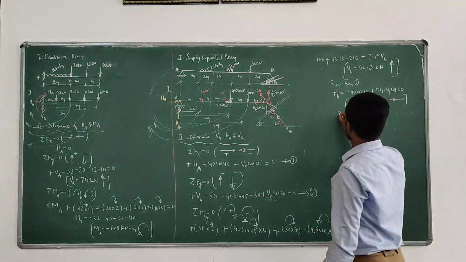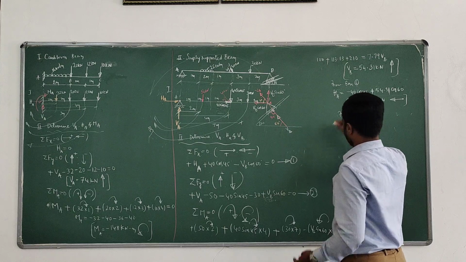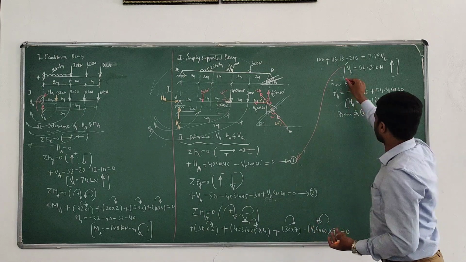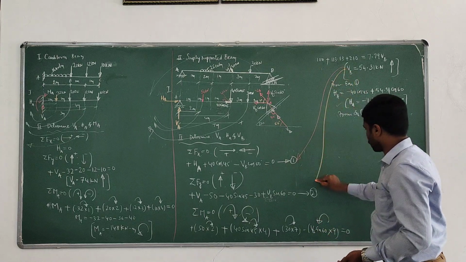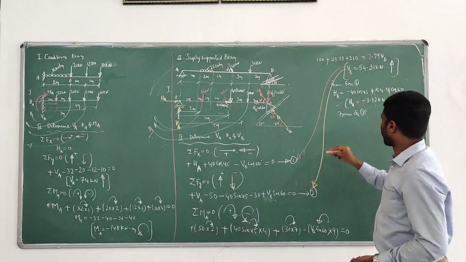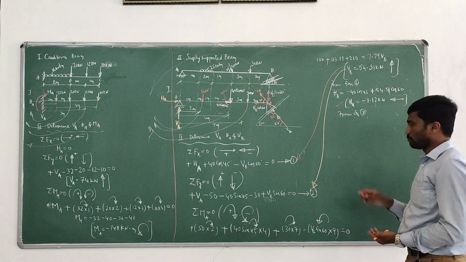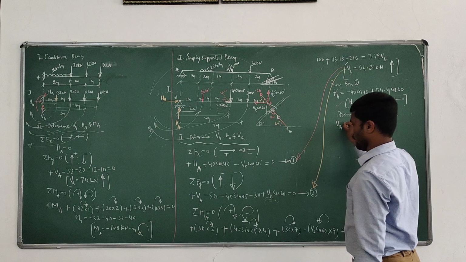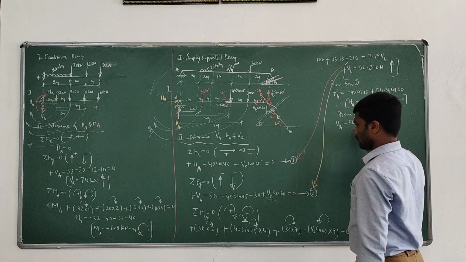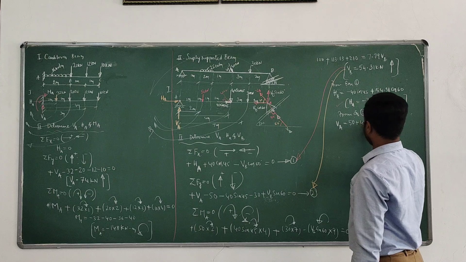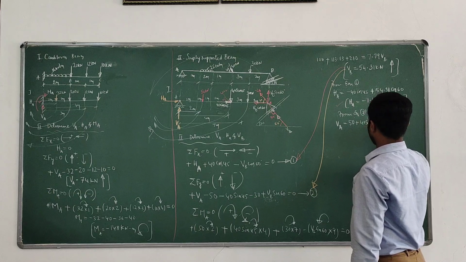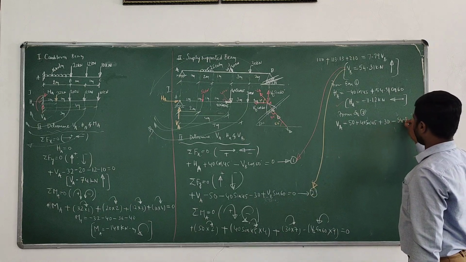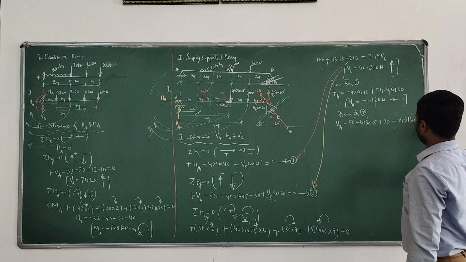Once we know HA, the only thing left is to compute VA. Once again from equation 2, we substitute this VB value to get VA. What is the value of VA? VA equals 50 plus 40 sin 45 plus 40 sin 45 plus 30 minus 54.31 sin 60.